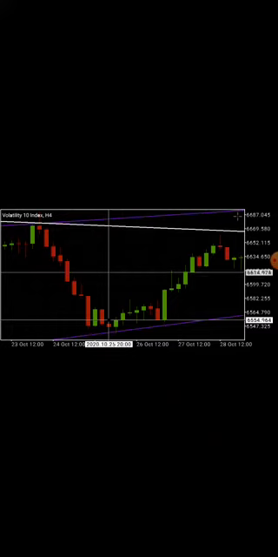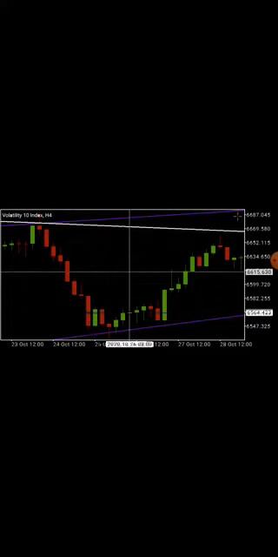After we check out this one, I'll also go to the book and show you that there are a lot of patterns that happen at these levels that show you the market is reversing. So this is how you trade. This pattern is characterized by a long wick, which also represents a rejection.